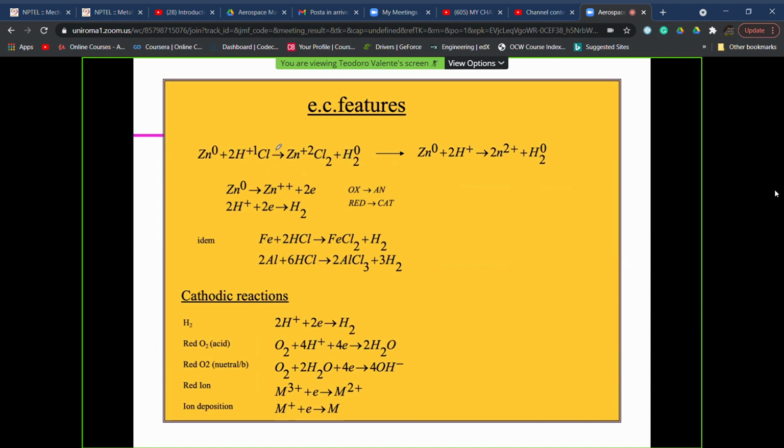Let's have a simple example in which we put a metallic element like zinc in a condensed acid environment. What is going to happen? After a certain time, we see, for example, that the zinc is going to be consumed. We see that at the surface of the zinc, hydrogen is developed.